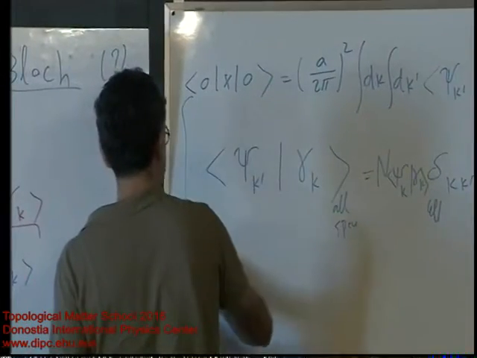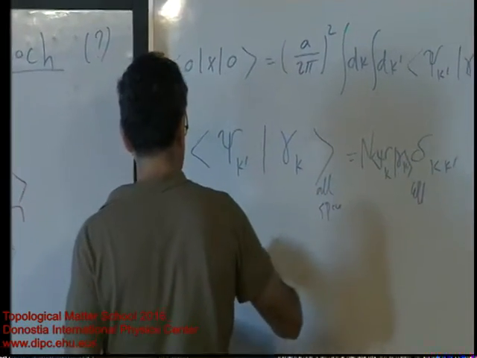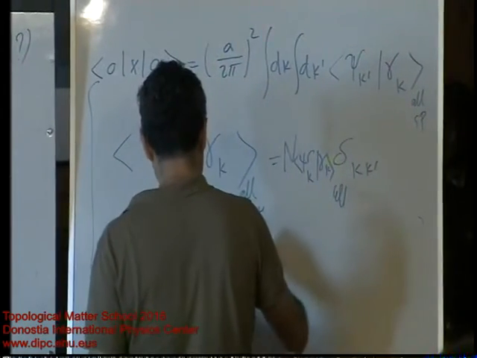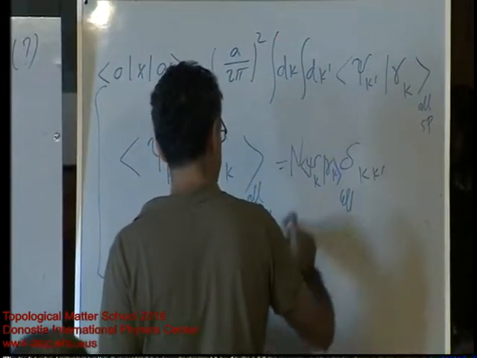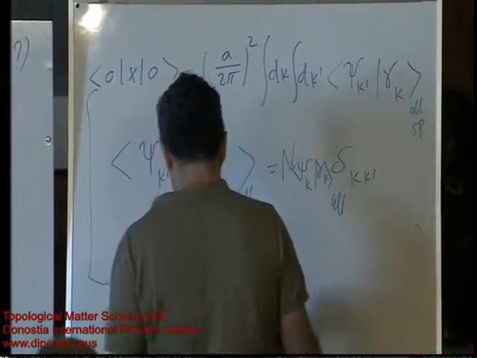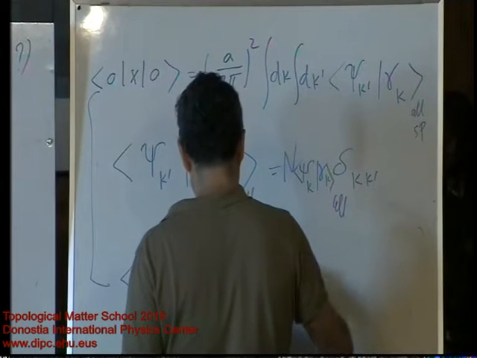Back to this guy. And now let's do it explicitly. Let's replace the psi and the gamma with the cell periodic things.